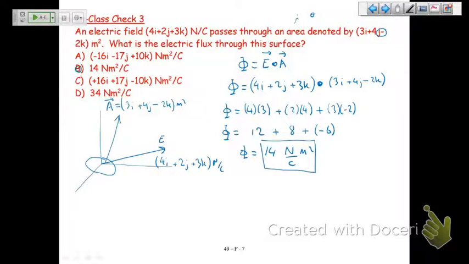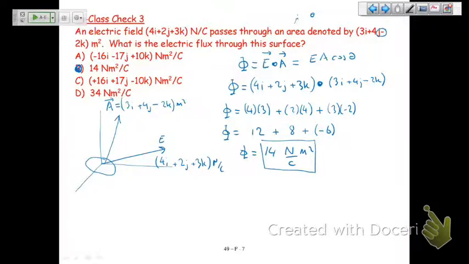So we had two examples. In one, I gave you the two magnitudes and the angle between, so it was magnitude times magnitude times the cosine of the angle between. In the other, I gave you two ijk vectors and you did the dot product. Both work. In a test, I'm far more likely to give you an ijk for one of them and the magnitude and direction for the other.